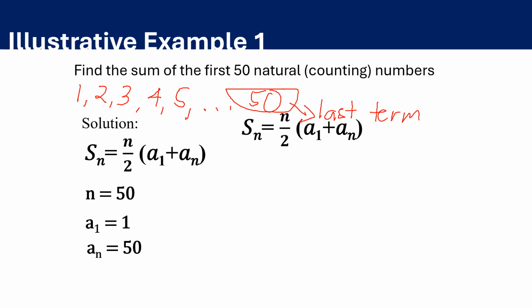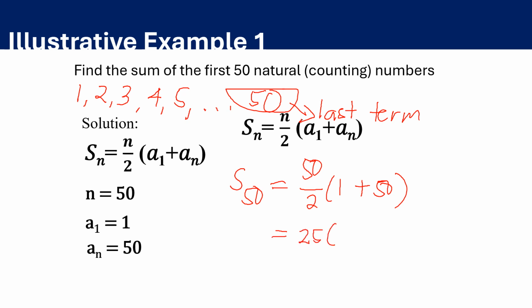Now, we're looking for the sum S50, where n is equal to 50. So that's 50 divided by 2 times your a sub 1, which is 1, plus your a sub n, which is also 50. Let's simplify this. 50 divided by 2 is 25 times 1 plus 50 is 51. That's 25 times 51.